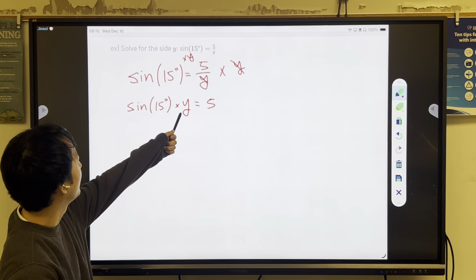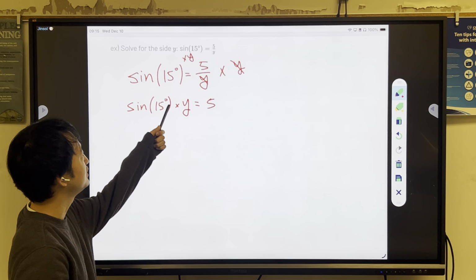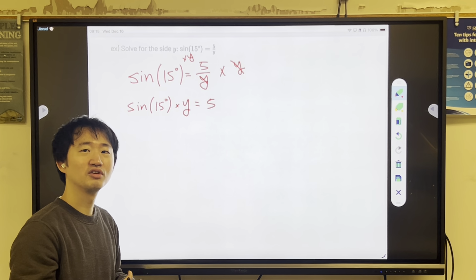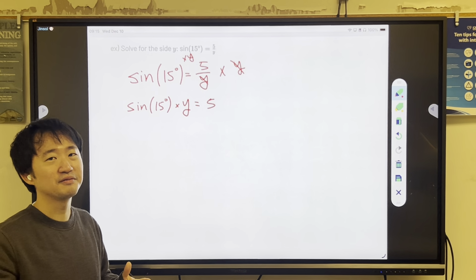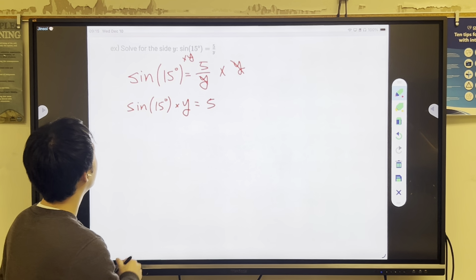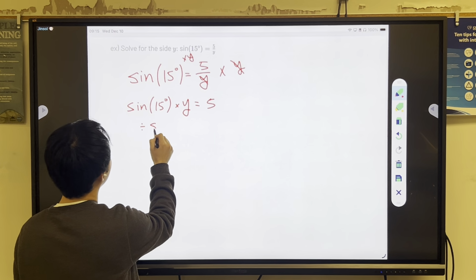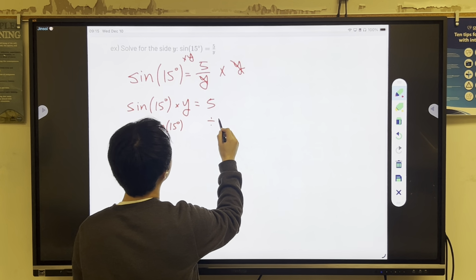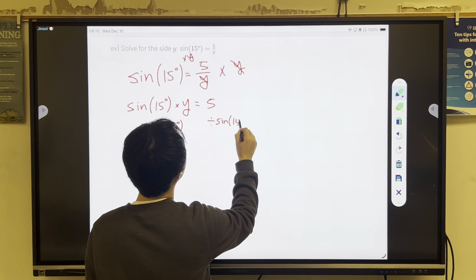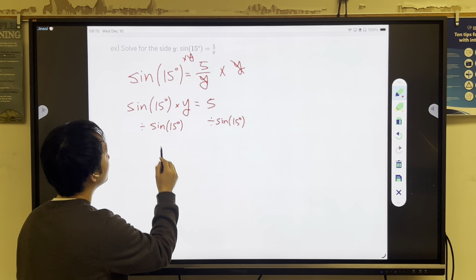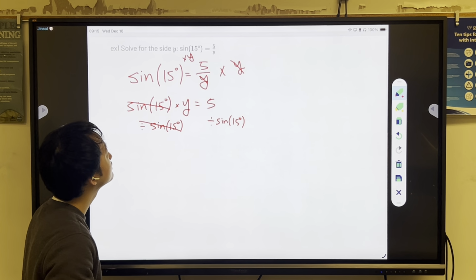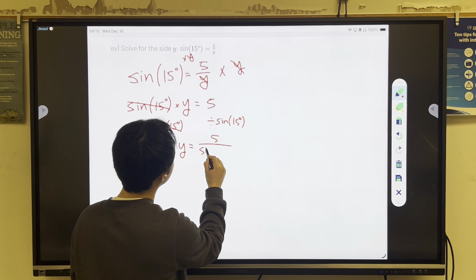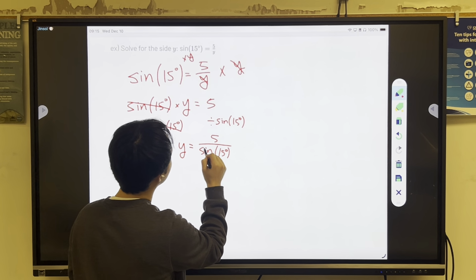Now it's just one more step. In order to isolate y, I need to get rid of sine of 15 degrees. Notice that I'm not undoing the sine, I'm getting rid of the sine of 15 degrees. And sine of 15 degrees is just a number. So that means I'm going to divide both sides by sine of 15 degrees, which cancels out on the left-hand side. So I'm going to have y is equal to 5 over sine of 15 degrees.